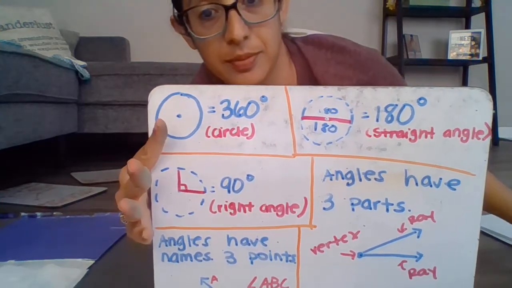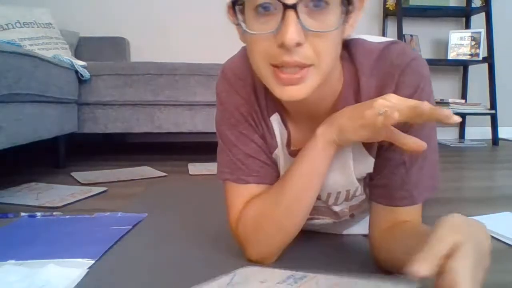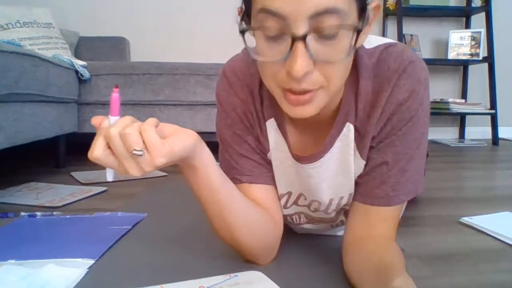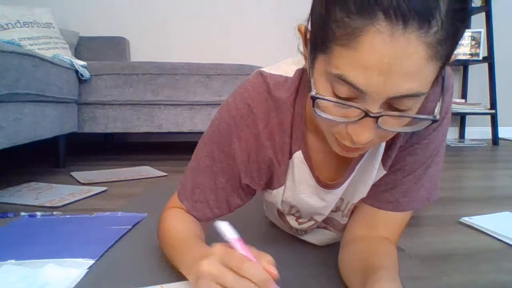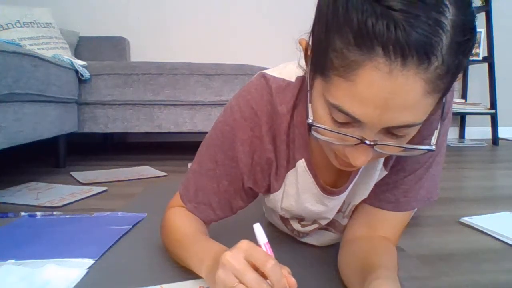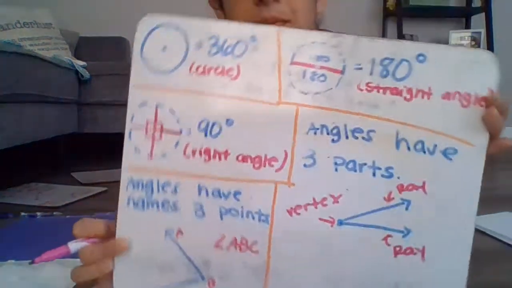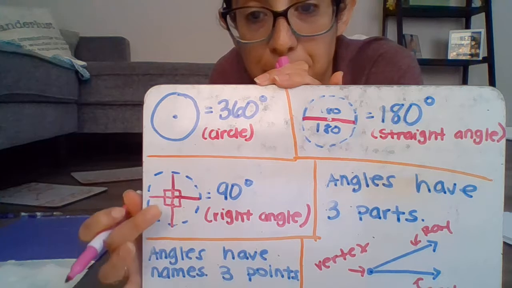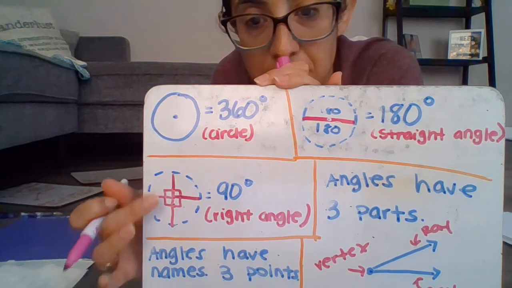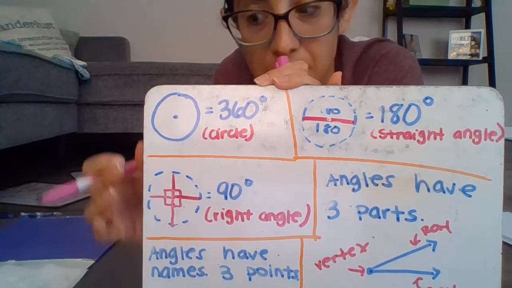Now, how many 90-degree angles are there in a circle? Hopefully you can come up with the answer before I finish drawing this. So there are 4 90-degree angles in a circle, okay?